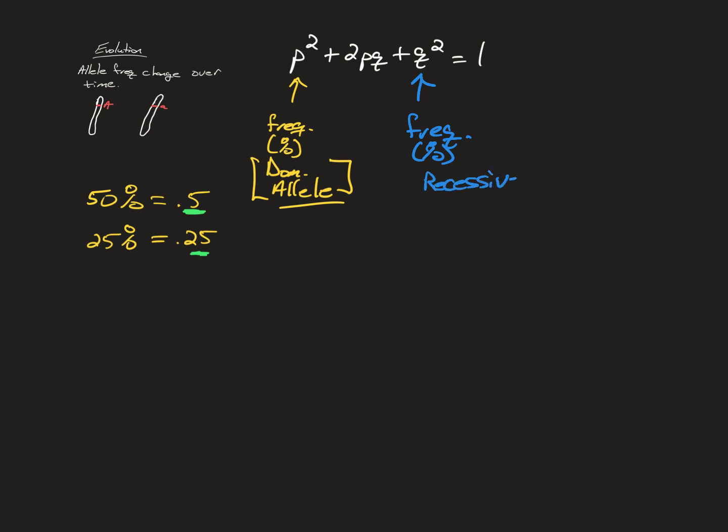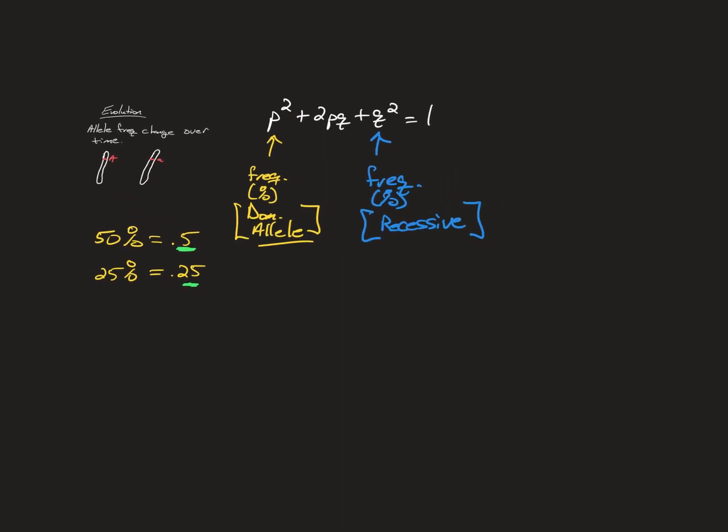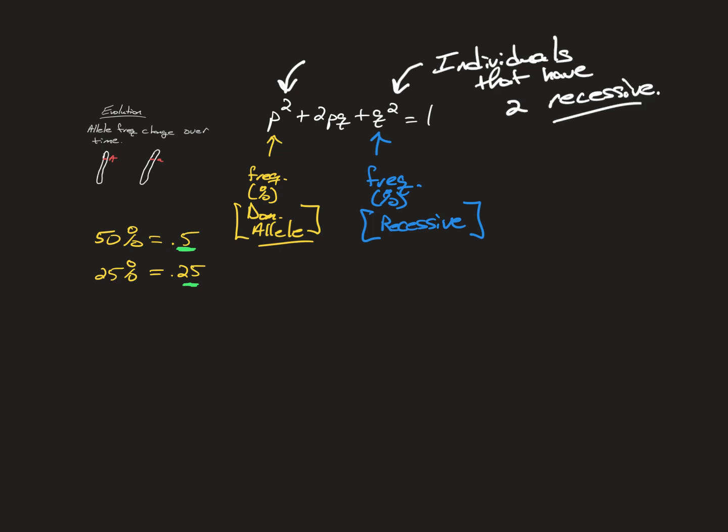And when I say recessive, when you see this squared, is this the allele or is this what? What is that when you see squared? That's the individuals. Yeah, that's right. These are the individuals that have 2 recessive genes. So these are the homozygous recessive individuals. Does that make sense?